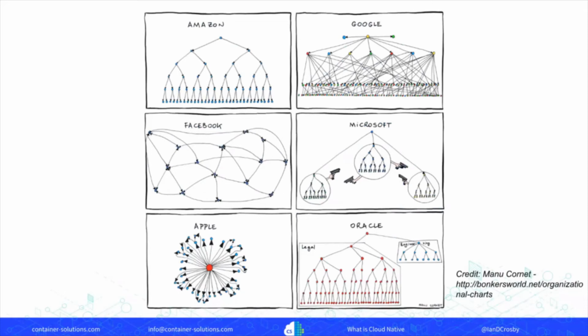And I think that this results in a much better environment for us as developers and for ops people as well, because we end up with autonomous teams, where I don't have to rely on some release team to tell me when I can make a change to production. Or I don't have to wait for a network security team to open up a certain port for me in a firewall, because these processes are just going to grind the whole cloud native thing to a halt.